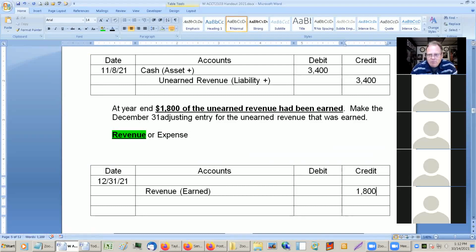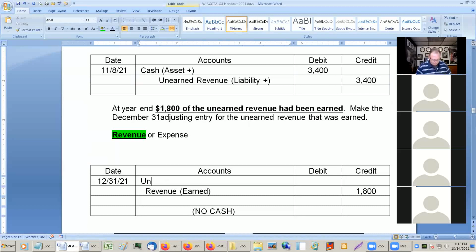So what goes on the other side? Now remember, there's no cash here. Unearned revenue. Yep. The cash has already changed hands. So this will be our unearned revenue. We owe them $1,800 less, right?